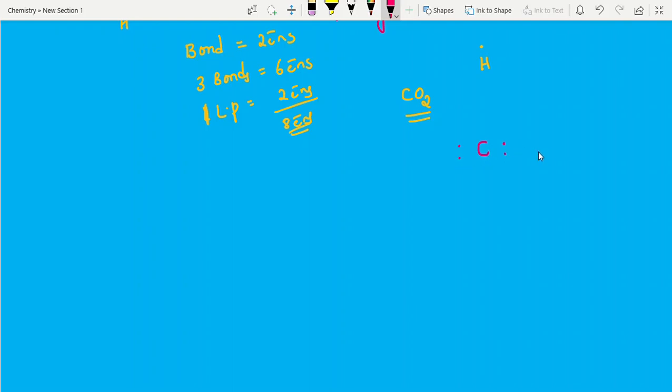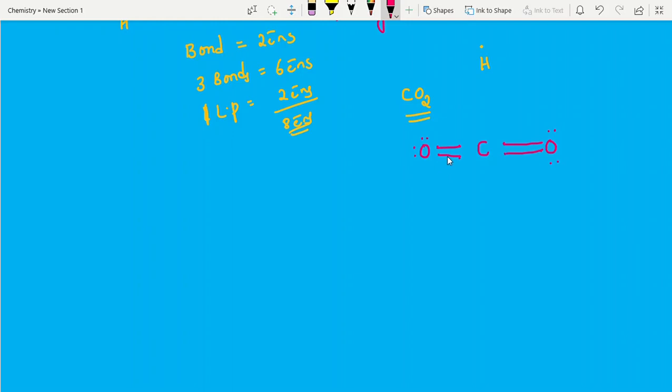Okay, 4 valence electrons. And what about oxygen? 1, 2, 3, 4, 5, 6, like this. Oxygen has totally 6 valence electrons, we are arranging like this. Now, these two are sharing. Sharing means which bond is it? Yes, covalent bond. Clear, students? That's all. This is the CO2 molecule Lewis dot structure.